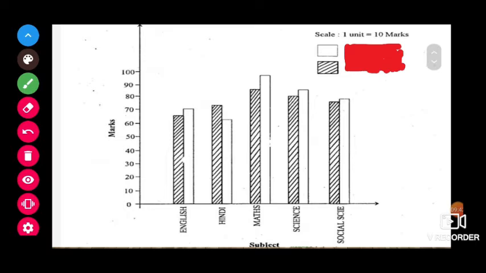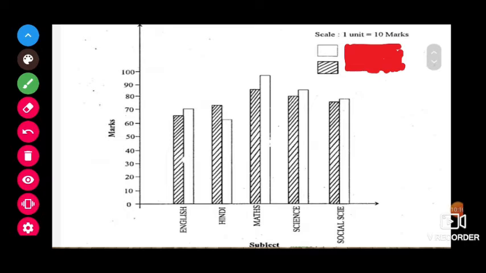Now we want to take 67 for the first bar. 67 will be in between 60 and 70. Exactly in between means 65, but 67 is a little more than 65. So we will take it nearer to the 70. Okay, take it in an average way only, children.